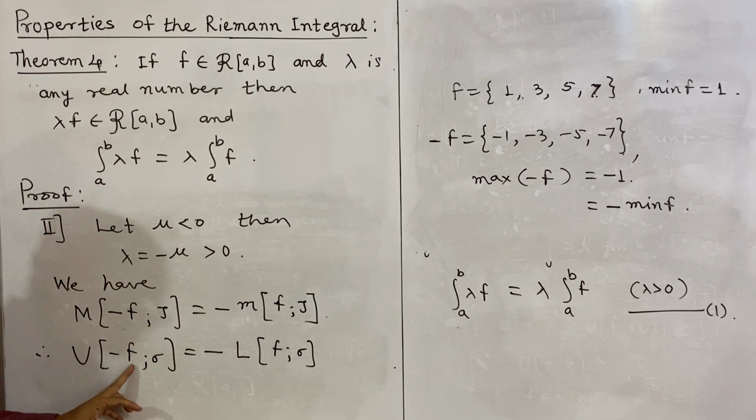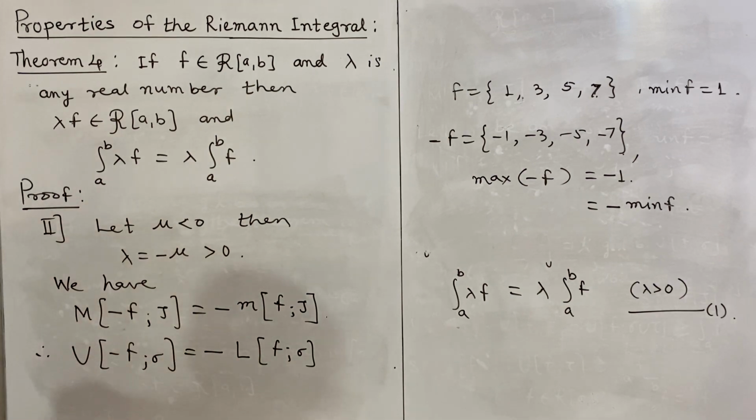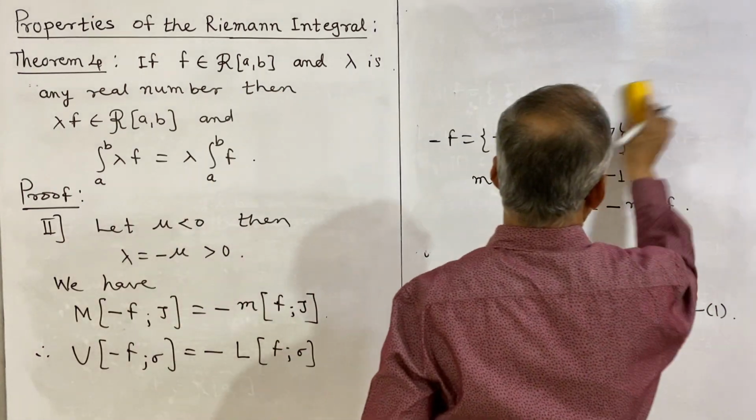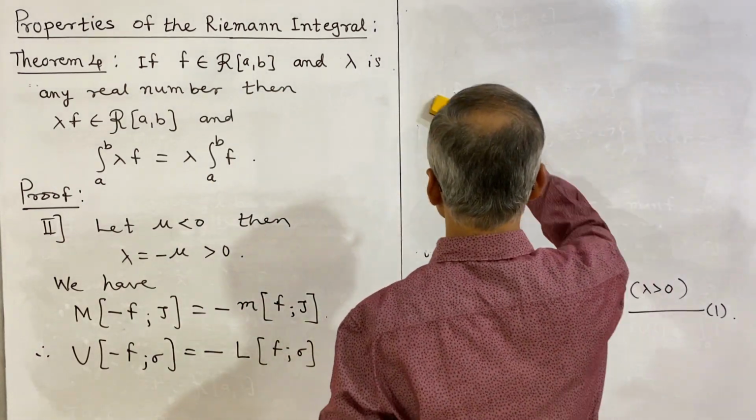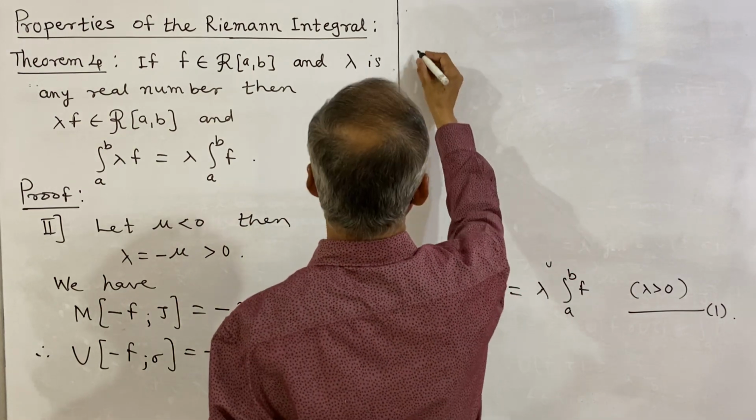The upper sum of minus f is equal to the negative of the lower sum of f, and now we consider the integral a to b of negative f.